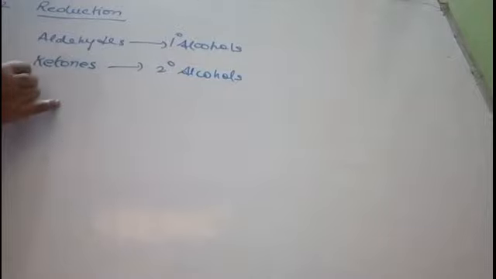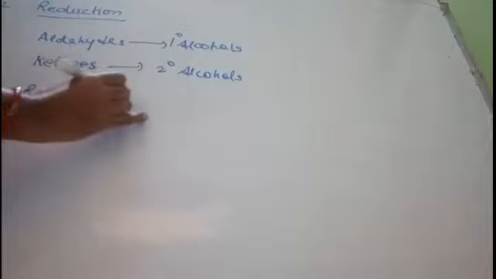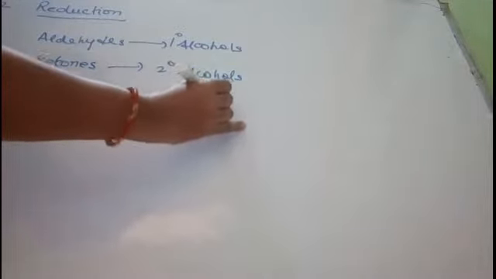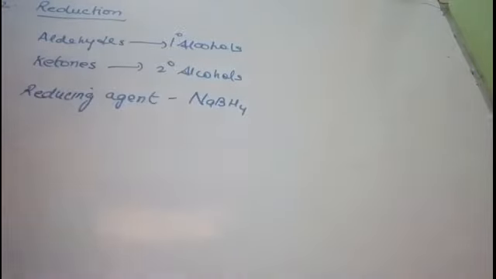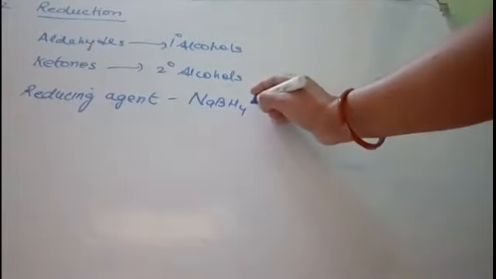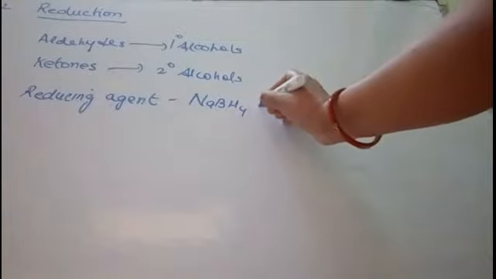Now the reducing agents which we use may be sodium borohydride. This reducing agent is a precise reducing agent which is used for the reduction of aldehydes and ketones only. Carboxylic acid cannot be reduced by using sodium borohydride.